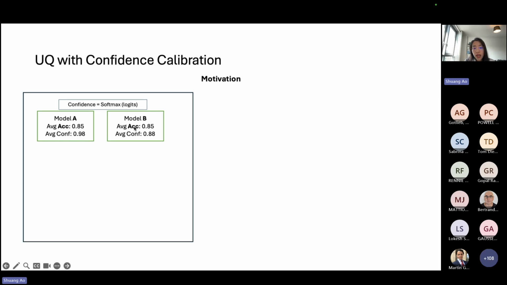For the other model, the accuracy level and confidence level are almost similar. Which one is better calibrated? We all know the answer. For model A, as the confidence level is much higher than the accuracy level, in this scenario it's called overconfidence.